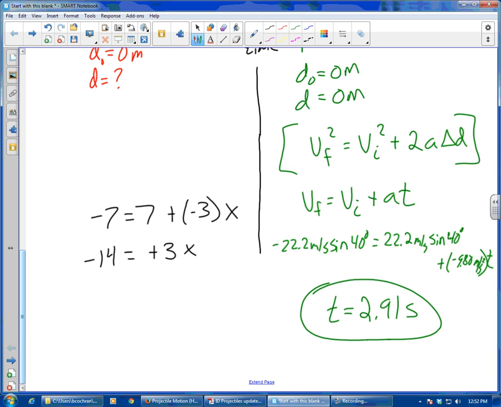And then see that they're both negatives to make a positive, and then divide both sides by 3. And I get x by itself. So what I did is I brought the 22.2 meters per second sine 40, subtracted it from both sides. So I've got double that on the left, and then I divided both sides by negative 9.80.